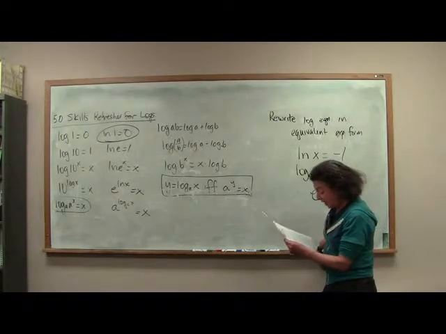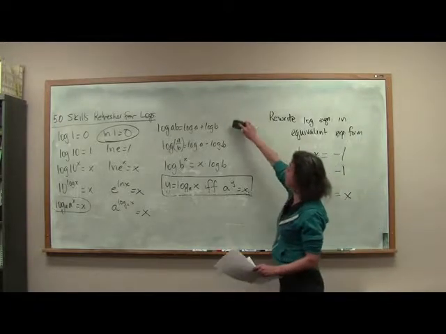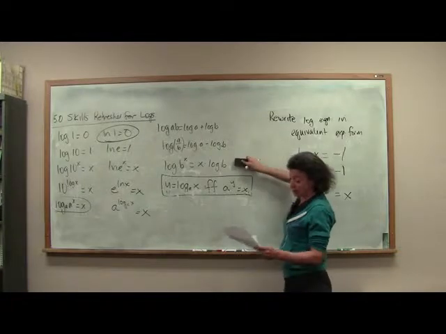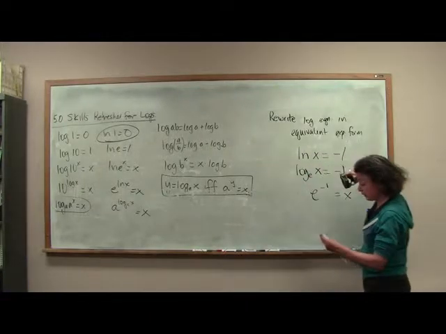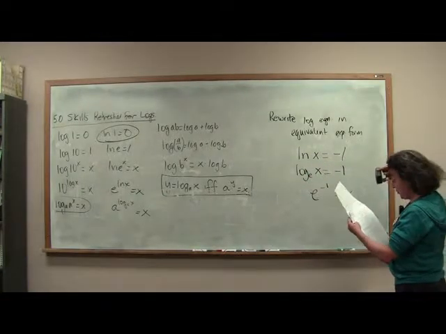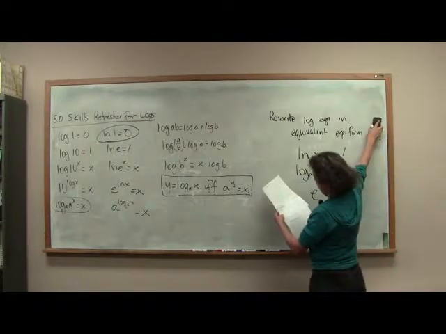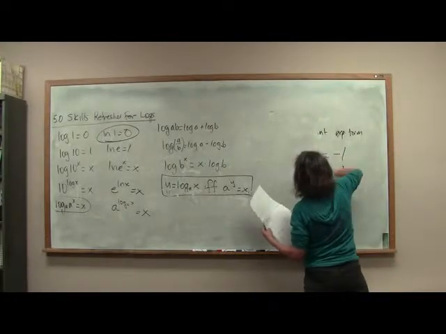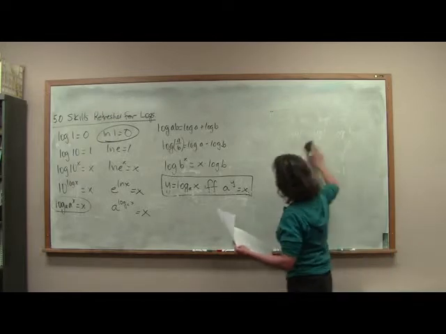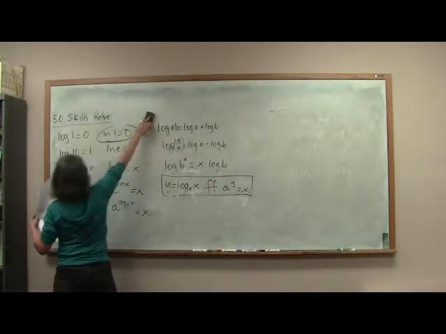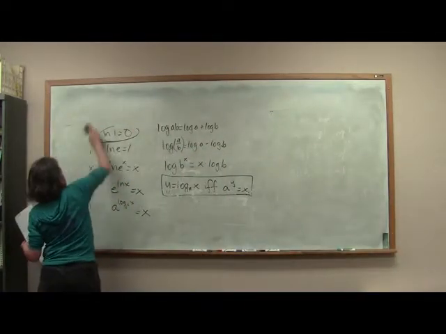Okay, next what we're going to do is play around with these three properties here. So let's do these. I actually believe that I can erase these guys over here.